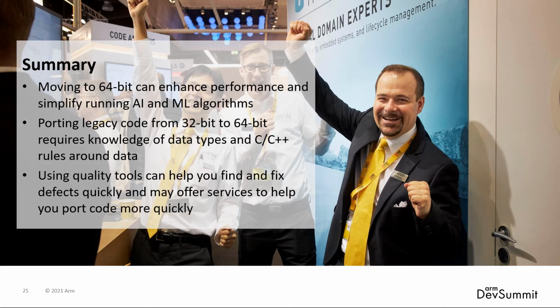While at first impression that can look large, they fall into a few categories that can lead to improvements in your code that will make it better and more reliable even in the 32-bit world where it started. And finally, when making this transition, it's important that you choose quality tools that can help you quickly zero in on areas of concern and debug problems rapidly, saving time and money in the process.